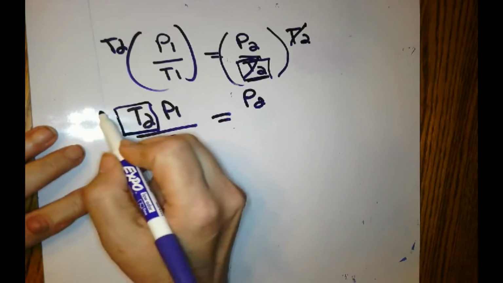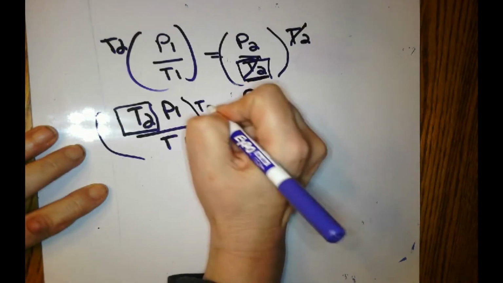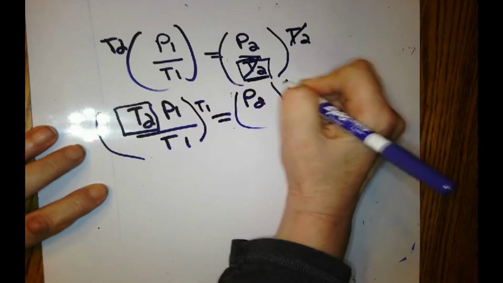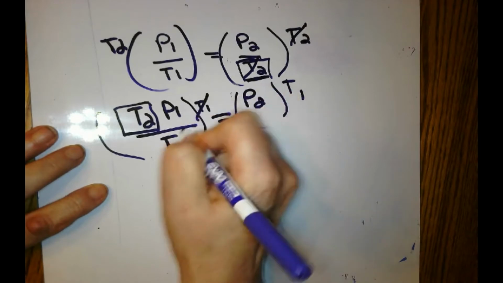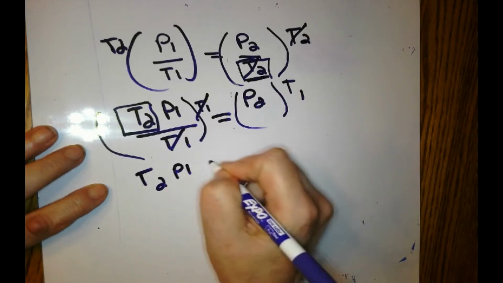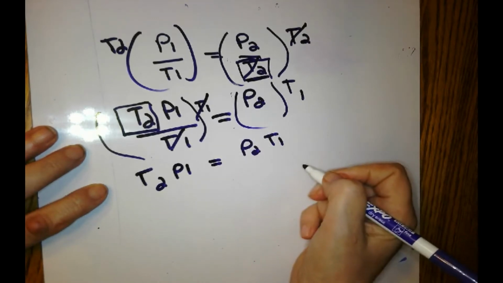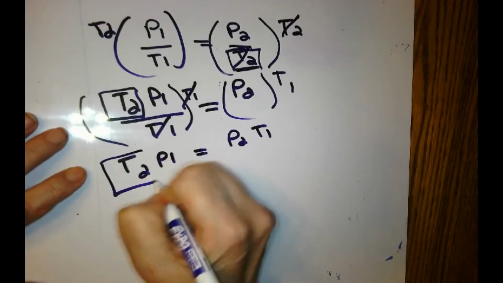So I have to get rid of T1, so I'm going to multiply this side by T1, and I'm going to multiply this side by T1, and this cancels, and I have T2 P1 equals P2 T1. Okay, but remember, we're solving for T2.